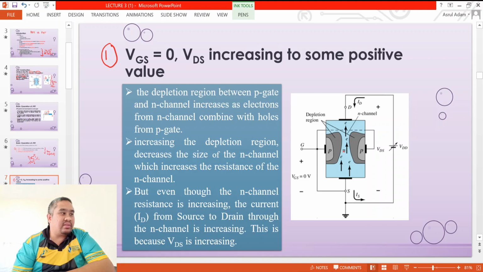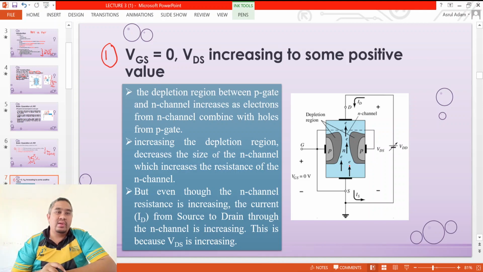Electrons from the N channel combine with holes from the P gate, which increases the depletion region and decreases the size of the N channel, which increases the resistance of the N channel. When the size of the N channel decreases, the resistance of the N channel increases.